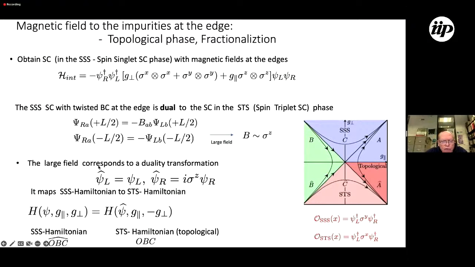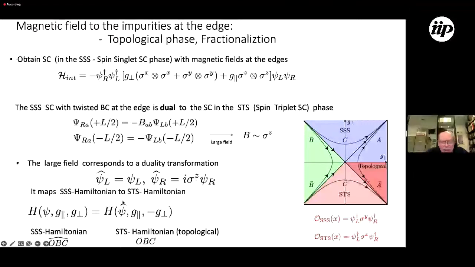Now, if I have a large field, then it is like applying a duality transformation on the model. So psi L goes to psi L hat, while psi R goes to psi R times i sigma.